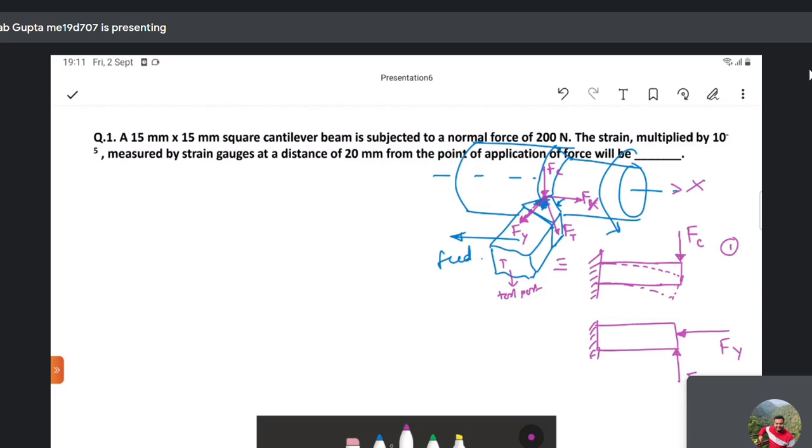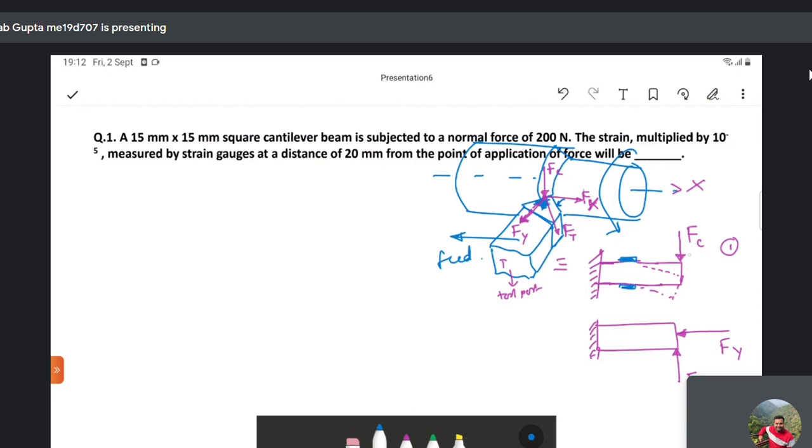And now, suppose we place our strain gauge somewhere here and one on the other side which is not visible. Sorry, let's remove this one for now. We have a strain gauge here and another strain gauge here, the top and the bottom.